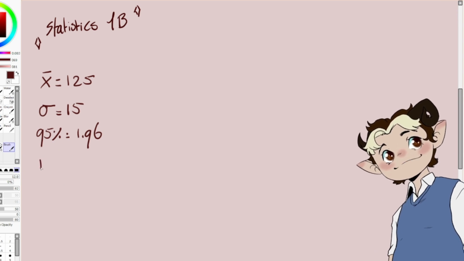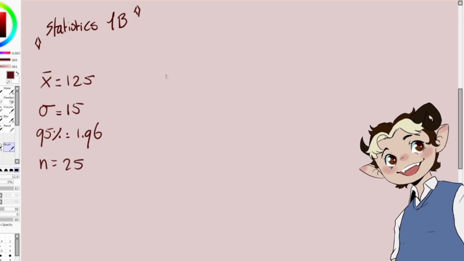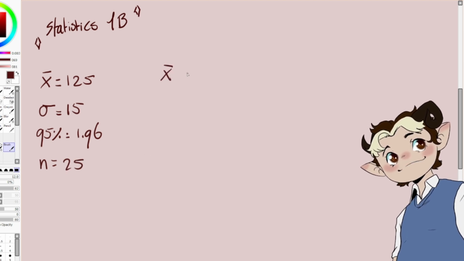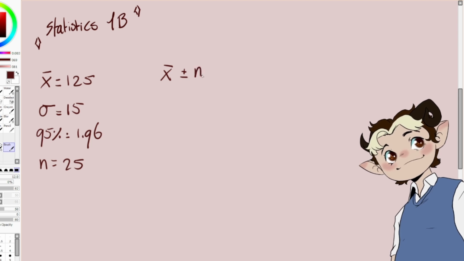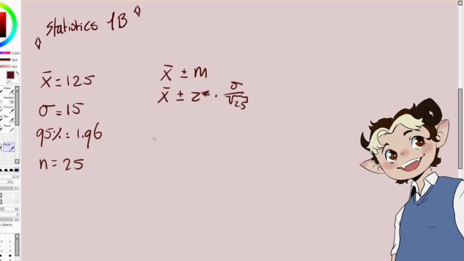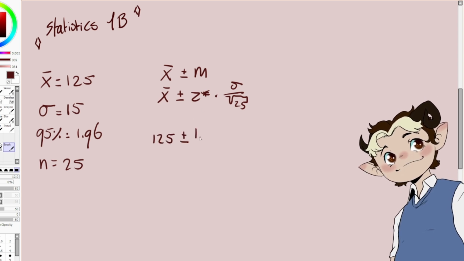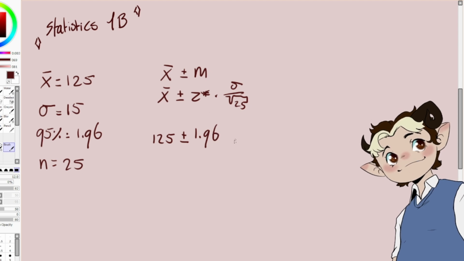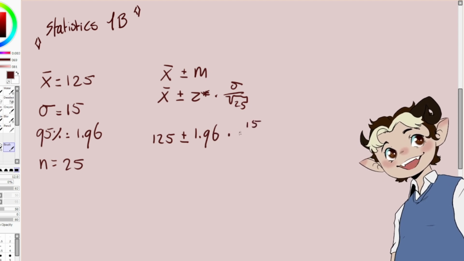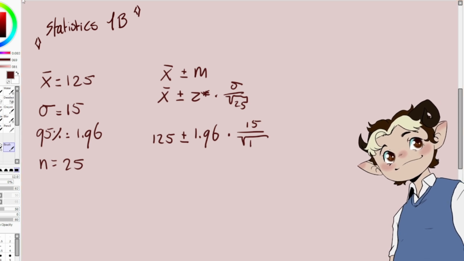And we have a sample of 25 people. So now we have our formula: z times, so let's plug it in, 125 plus slash minus 1.96 times 15 divided by the square root of 25.